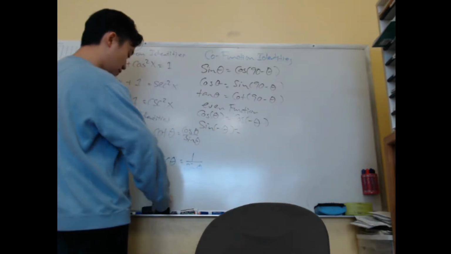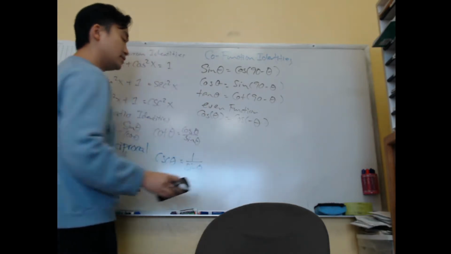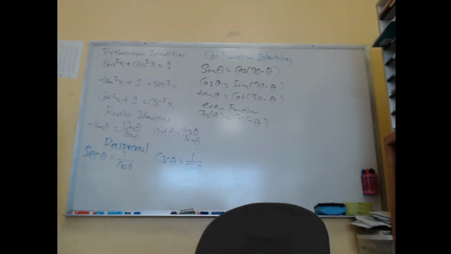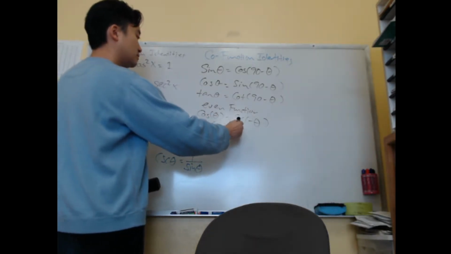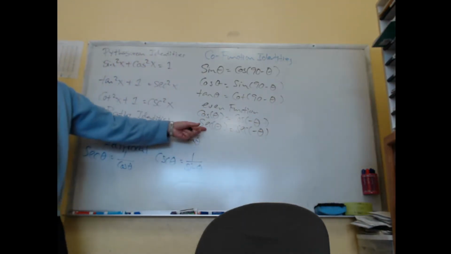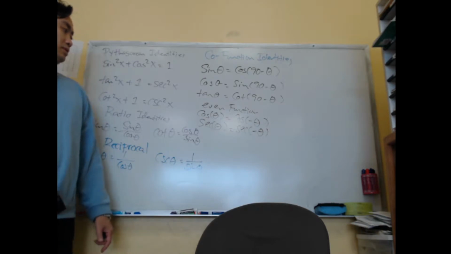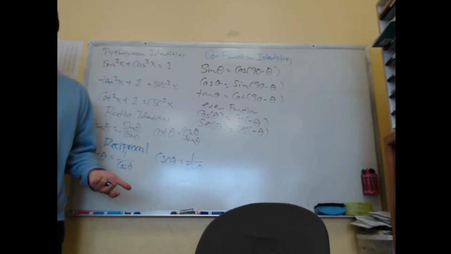Sine is an odd function. Since cosine is an even function, what else could be considered an even function? Secant. So secant of theta is the same as secant of negative theta. Let's say you want to evaluate secant of pi over 2. Same as secant of negative pi over 2, right?